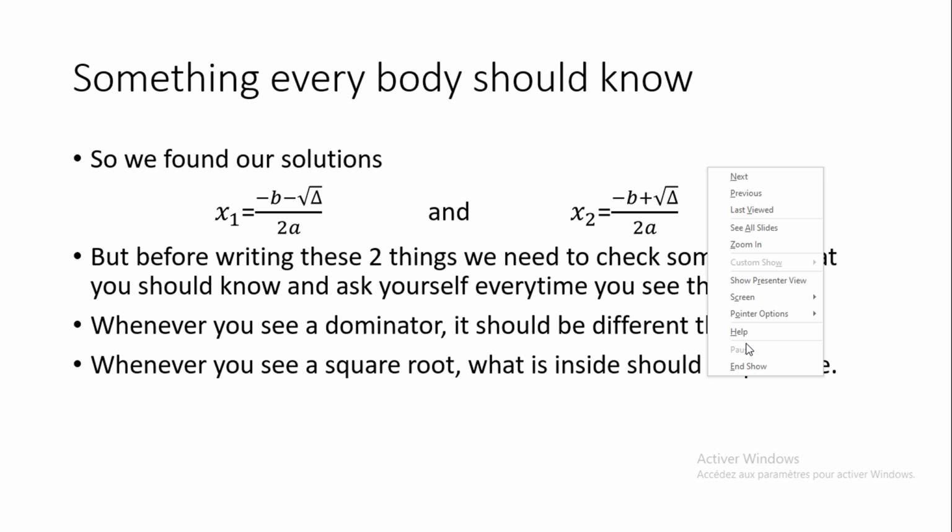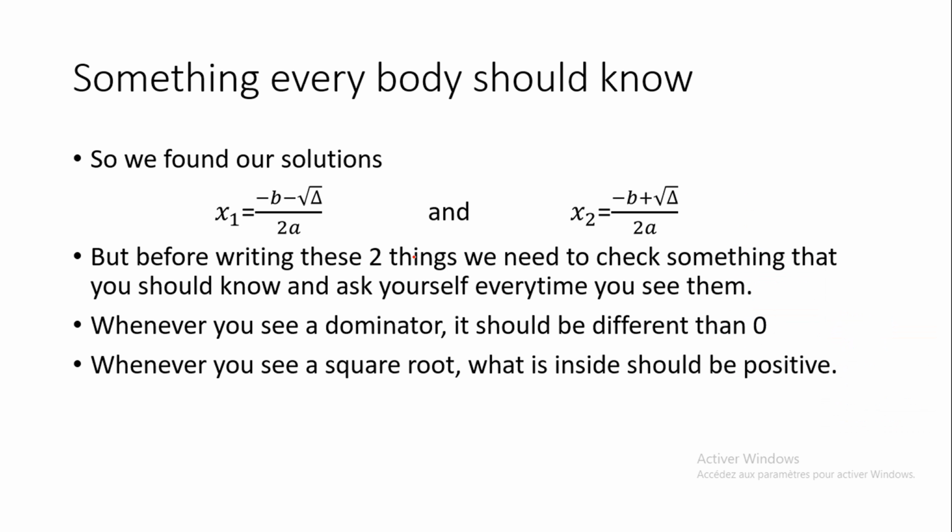So here we have 2a in the denominator, which must be different from 0, which means our a must be different from 0, and that's what we said since the beginning. We said that every second degree equation is of the form ax squared plus bx plus c equals 0, where a, b, and c are real numbers and a different from 0.